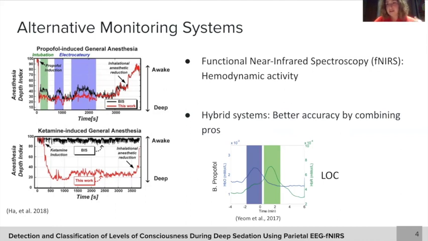Propofol has a specific one which is different to ketamine, which is different to other ones, but it can also be used as a biomarker of loss of consciousness. And moreover, we can mix EEG and fNIRS to create a hybrid system that is known to have better accuracy because it combines the pros of using electrical activity and hemodynamic activity, and then you have a more complete phenomenological context of what's going on in the brain.